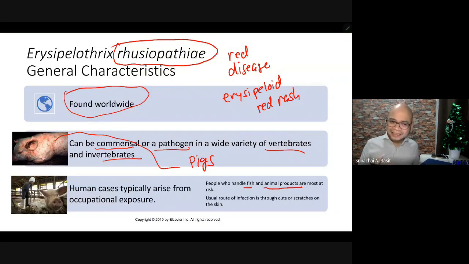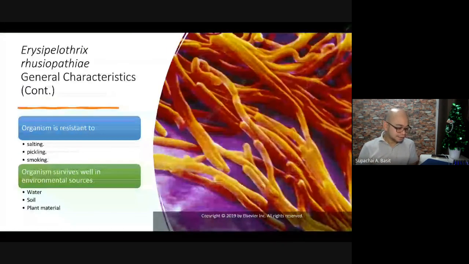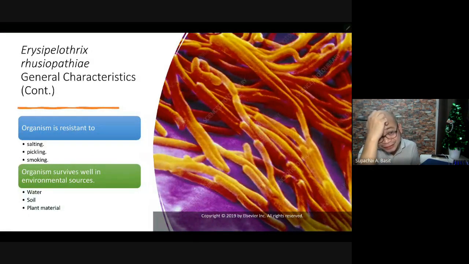So how do we get this? Through cuts or scratches in our skin. The organism is resistant to salting, pickling, and smoking.